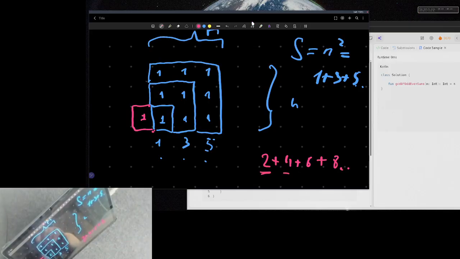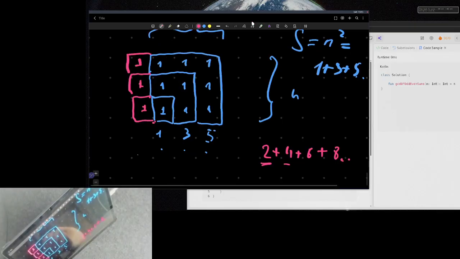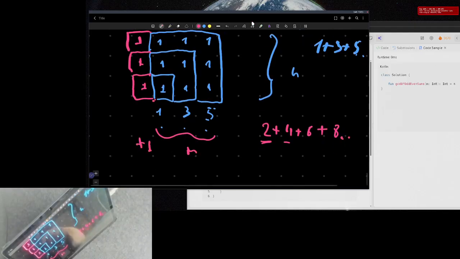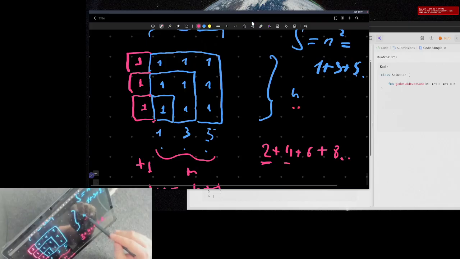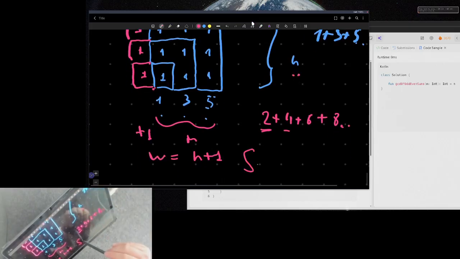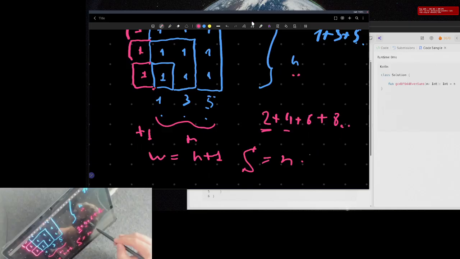So 3 expanded exactly into 1 plus 1 cell, and we expanded it into the left column of the same square, and we get this rectangle that has a width of n plus 1, because we have another column. The height stays the same, and that means the area is n, this is the height, times n plus 1.